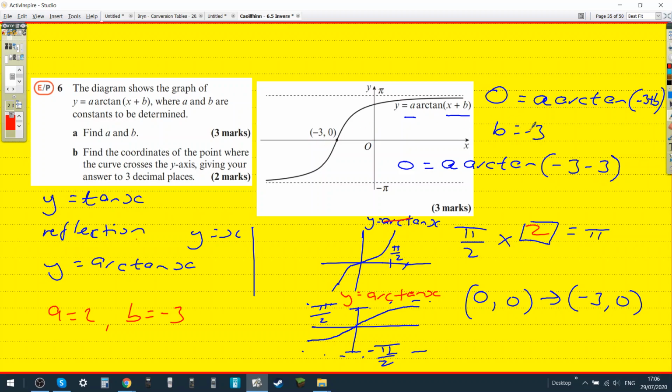In fact, that would be b is plus 3, because it works the other way. X plus 3 would be 3 to the left, I believe. And then it used to have maximum minimum pi over 2, minus pi over 2. That became pi, and so they must have done a stretch with scale factor 2 in the y direction. So a would be 2.